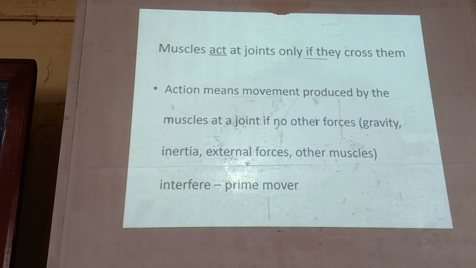But muscles do act in different roles: antagonists, synergists, fixators, and some more which we will discuss today. So action by definition is only the prime moving action. When we say this muscle is acting, it means it is initiating and propagating the desired movement. All other roles are not called action.